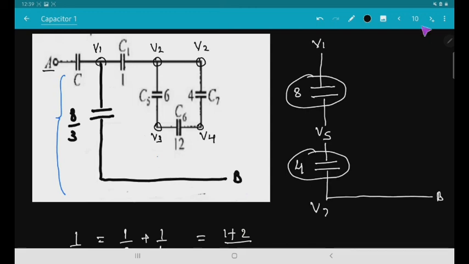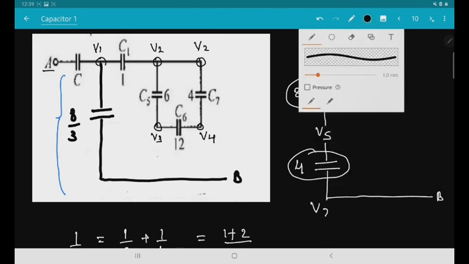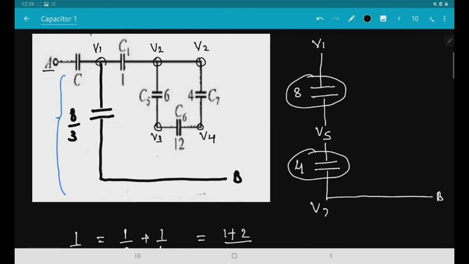Now we will try to do the same for the other capacitors, trying to identify whether they are in series or parallel. We will take this branch, for example. Now this C5 and C6, these two capacitors, as you can see, have different starting and ending points. C5 has V2 as the starting point, C6 has V3 as the starting point, which is a different potential.